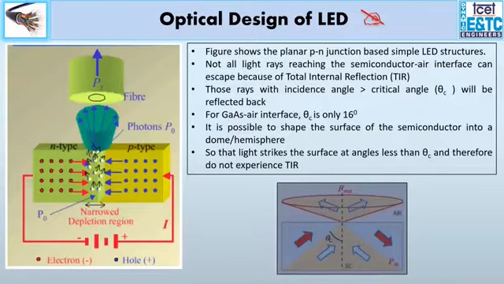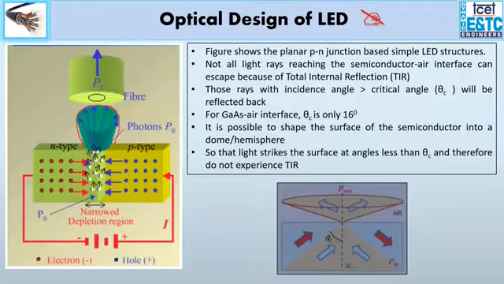Now, as I was talking about, this is a fiber and this is your LED. What you want is a maximum coupling efficiency, that is, all the light output from your LED should be getting coupled into the fiber. To have that better coupling, what you see here is called a micro lens.